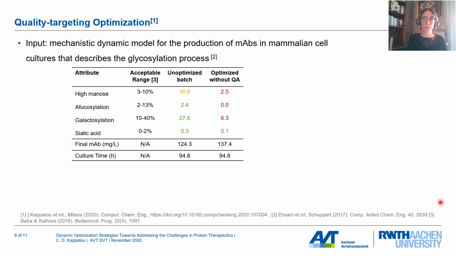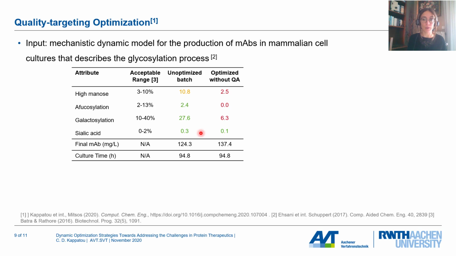For that, we took a mechanistic model for monoclonal antibody production that can also describe the glycosylation process. And we found acceptable glycosylation ranges for typical monoclonal antibody products in the literature. And we performed a parameter estimation at the beginning on our model to have a batch case which has a protein glycosylation distribution very close to our desired or acceptable ranges.